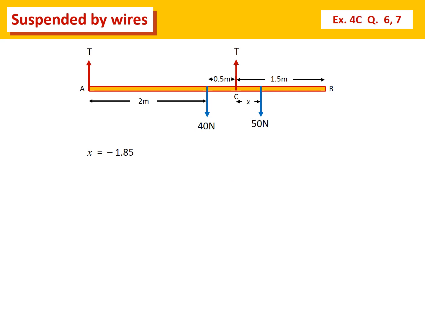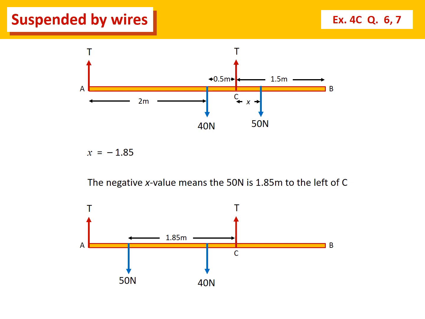Now, x equals negative 1.85 seems unusual, that we have a negative distance, and all that means is we can interpret that as being 1.85 meters, not to the right of C, as the diagram suggests, but to the left of C. And consequently, our true force diagram actually looks something like that.